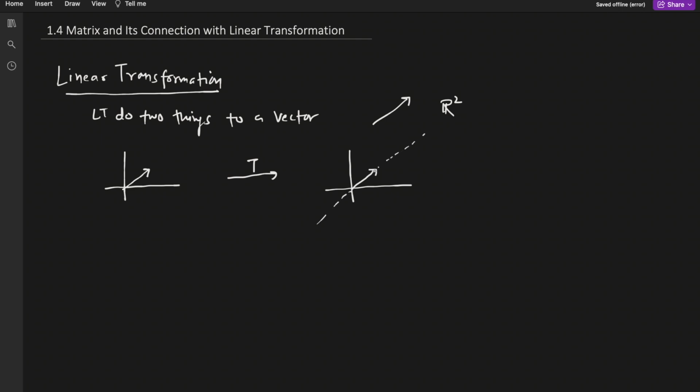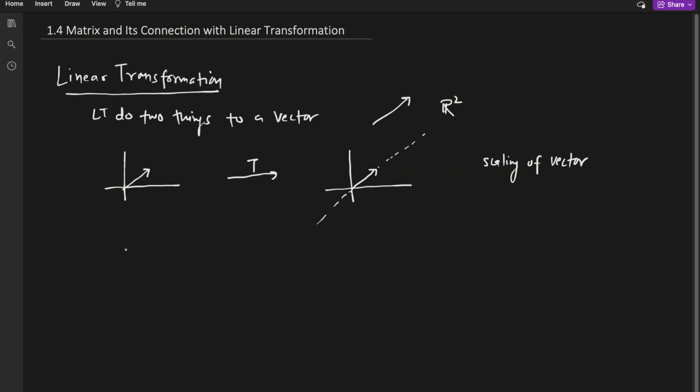Either it will be stretched, I mean its length will be increased, or it will be squashed, its length will be decreased, or it may be flipped and then stretched. Whatever happens, this vector will always remain on this line. So the span of this vector is this line itself. This is one thing, which is scaling of a vector, and in scaling it covers everything: stretching, squashing, flipping the vector.